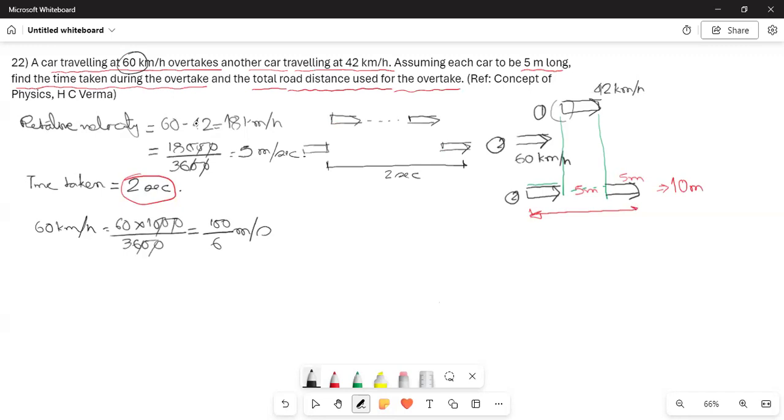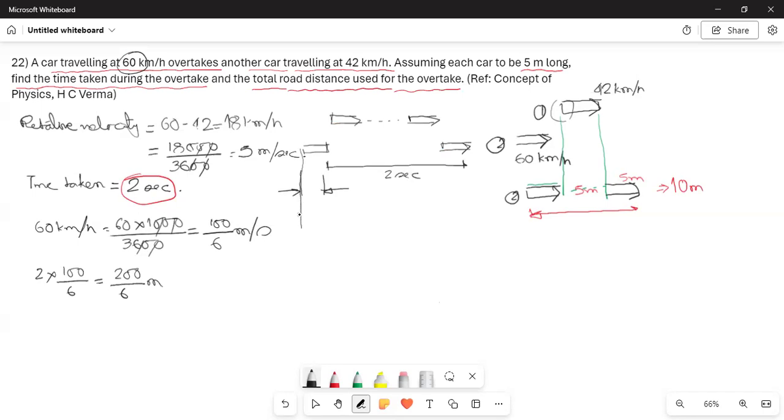So the car took 2 seconds to complete the overtaking. In 2 seconds, it moves 2 multiplied by 100 by 6, which is 200 by 6 meters. Also, the road distance should include another 5 meters, because the rear of the second car was here.